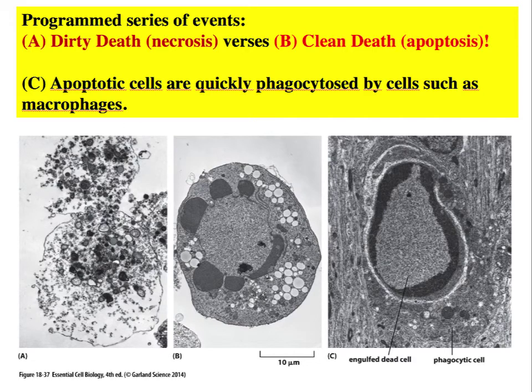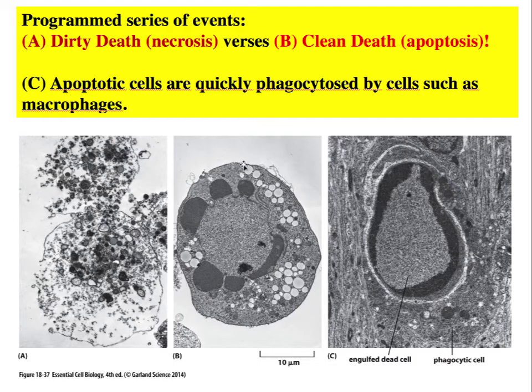So here we have a cell that's burst open for some reason, and you can see it's spilling its contents into the environment. And that can cause inflammation and many other problems for that organism. Whereas in panel B, we have a cell undergoing apoptosis, and it's about to start performing blebbing, but before it does that, it has some biochemical changes that are taking place internally.